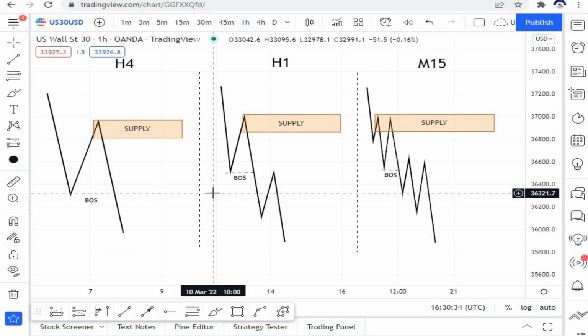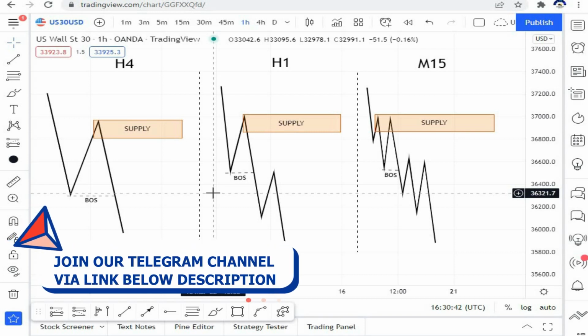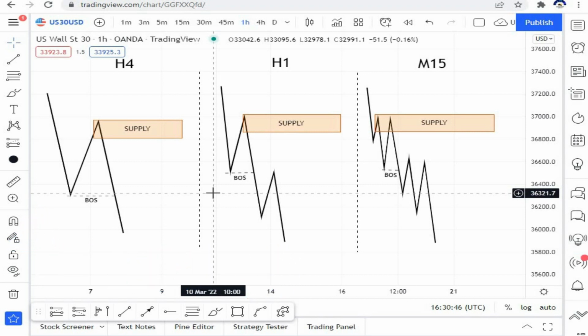So guys, in today's video we are going to discuss how to trade and never lose a trade. Yeah, you heard me right. How to never lose a trade is the topic we are going to cover today. But this does not mean that losses are not found while trading, because every trader is guided by the strategy which they use.